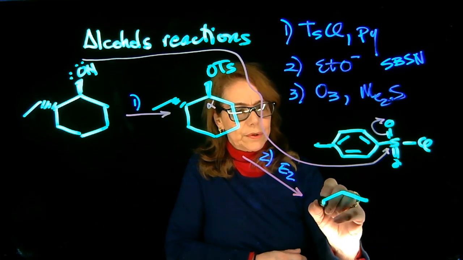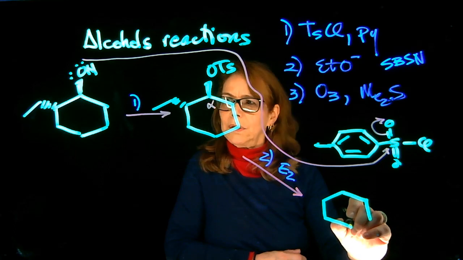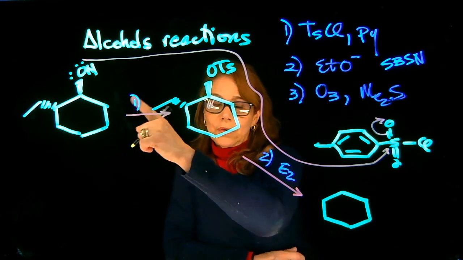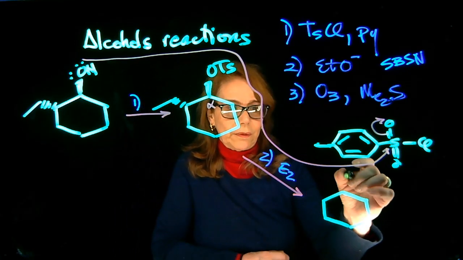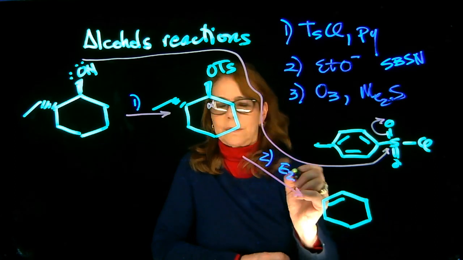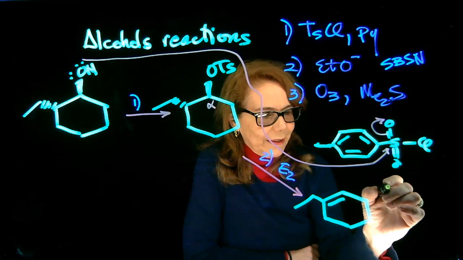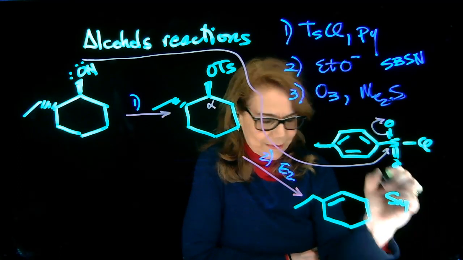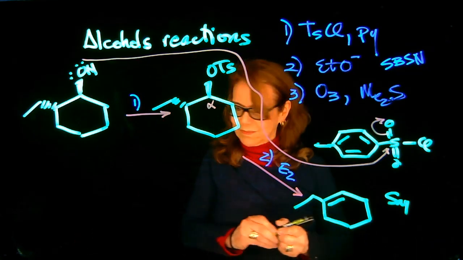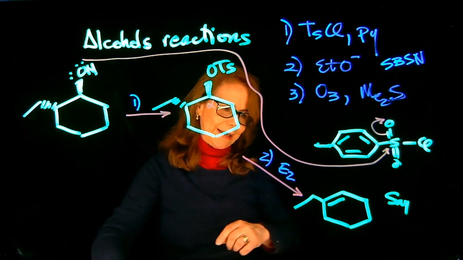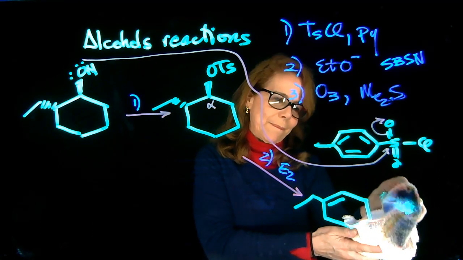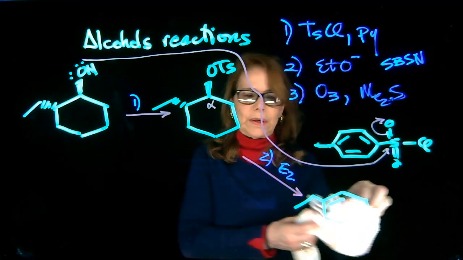So we are going to get the following. And notice here, we are making this product. So that is Zaitsev. Oh, Zaitsev is with a Z and not an S. So the more substituted alkene.